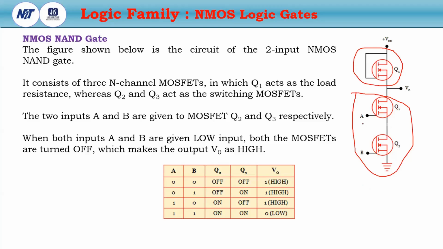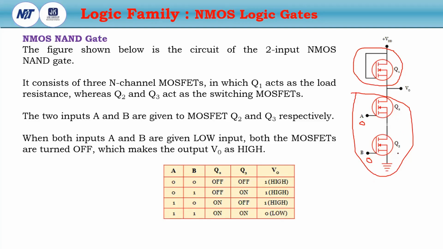Now put 0 here and 0 here. What happens? Q2 and Q3 are turned off, because we know that if we put a voltage above the positive threshold, logic 1, at the gate of the NMOS, then the NMOS will be turned on, otherwise off. Here the inputs are 0, 0, so Q2 and Q3 are turned off.